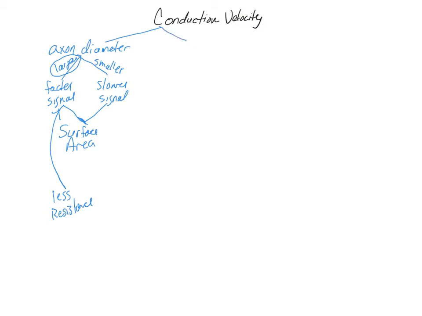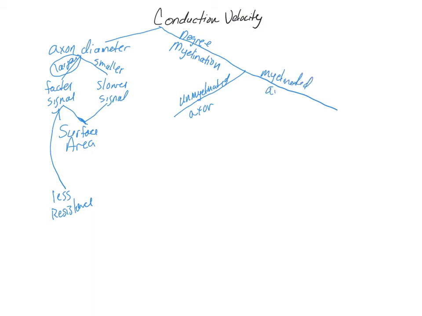The other thing that really affects conduction velocity is the degree of myelination. You have unmyelinated axons, and then you have myelinated axons.